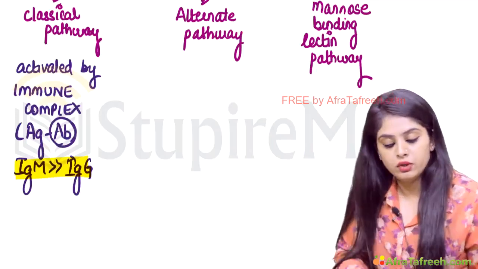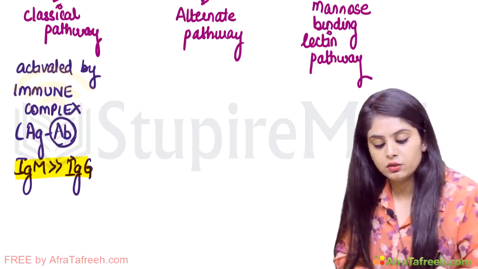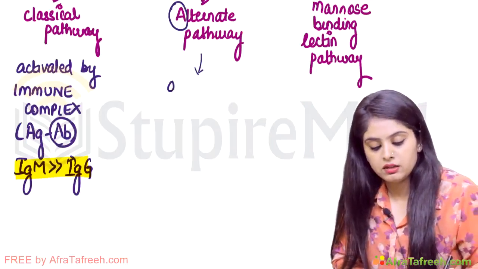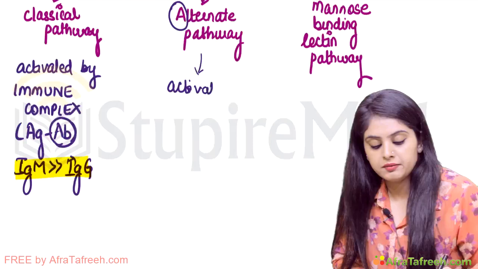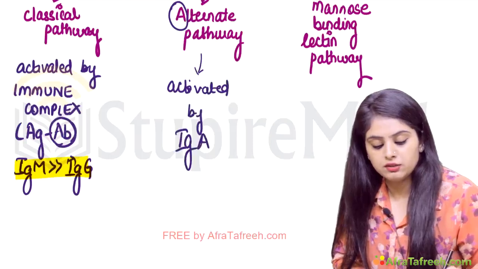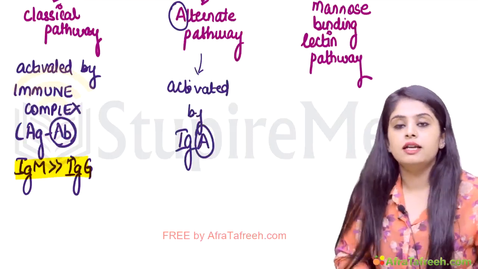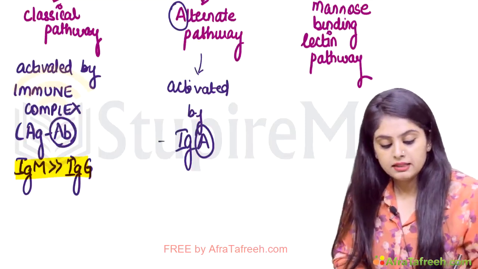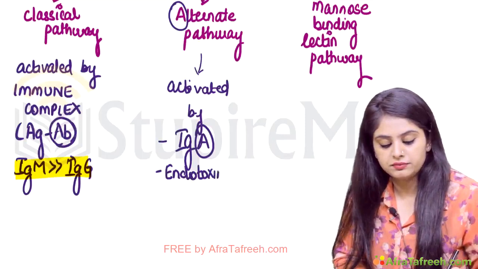Alternate pathway is going to get activated, so we have A for alternate, and this is going to get activated by which immunoglobulin? IgA. So A for alternate, A for IgA, immunoglobulin A. Other than this, it is also activated by the microbial endotoxins.